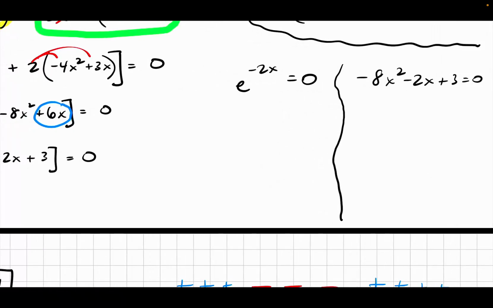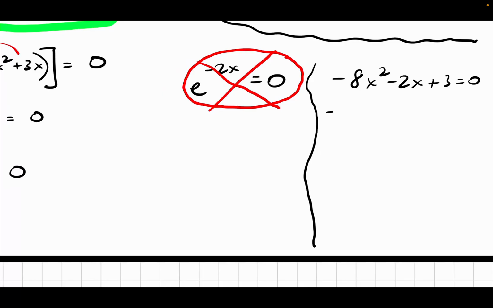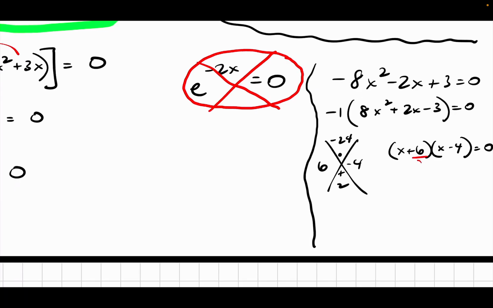Well, there's no power that's going to make it 0. Powers don't make things 0. Coefficients do. Powers don't. So that guy's not going to equal anything. This guy over here is a trinomial. So it's going to multiply to be negative 24 and add to be 2. So 6 and negative 4. So we get x plus 6, x minus 4. I've got to divide by a.